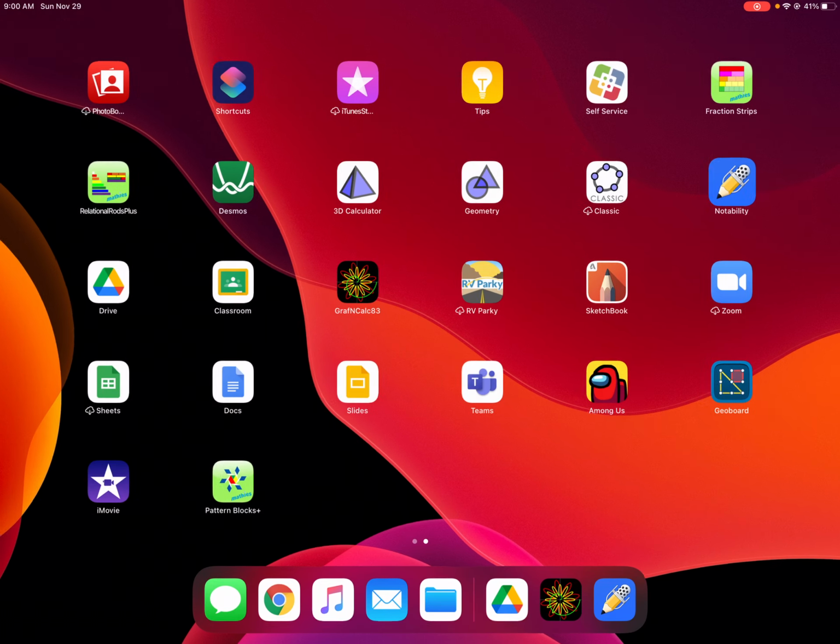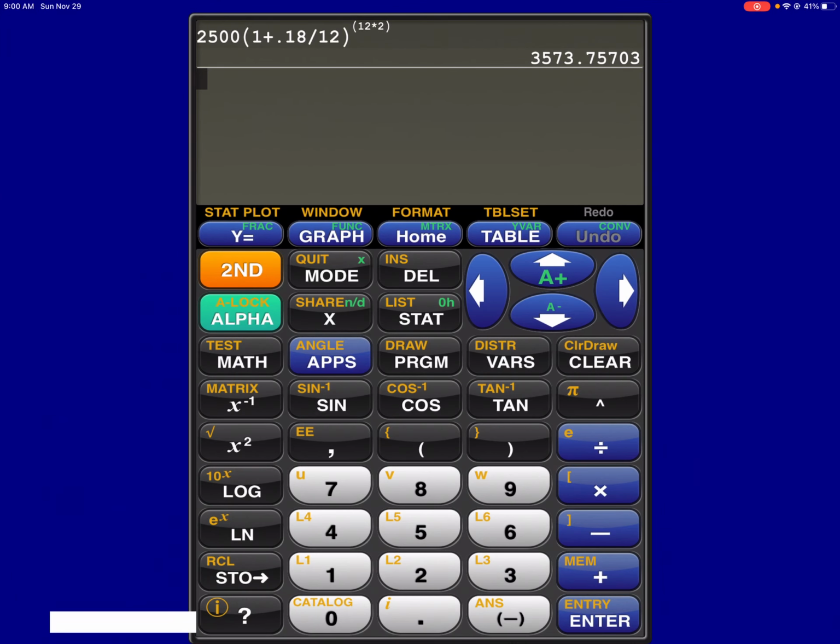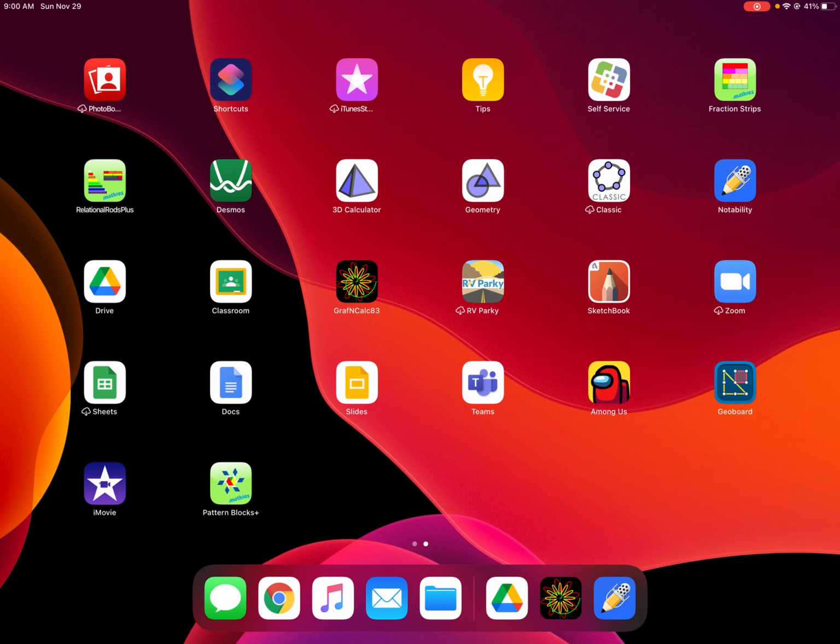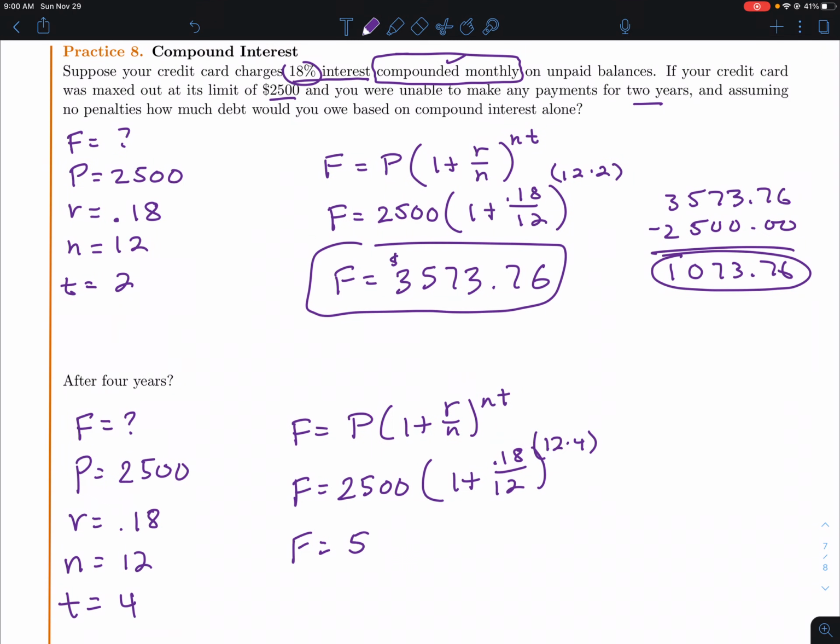Again, if I go back to the calculator, 2,500 times 1 plus 0.18 divided by 12, caret, then parentheses because I'm in the exponent spot, 12 times 4. In this case, 5,108.70.